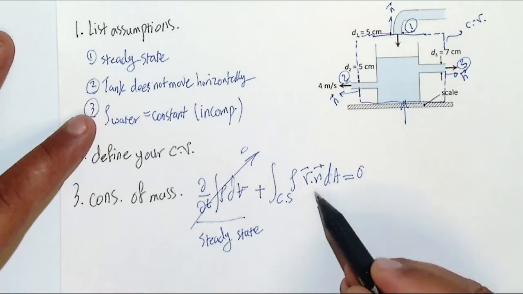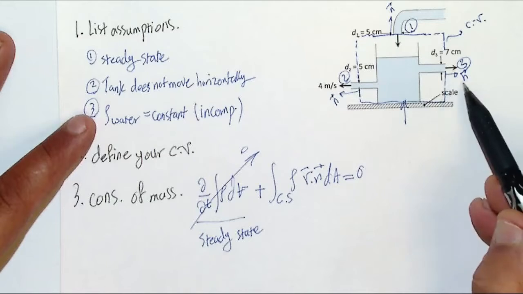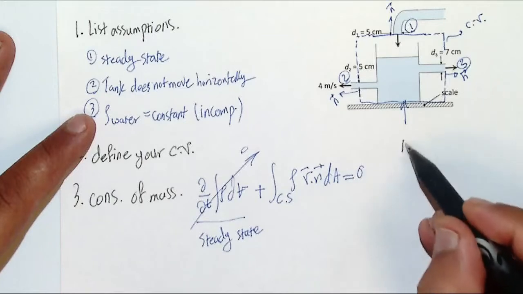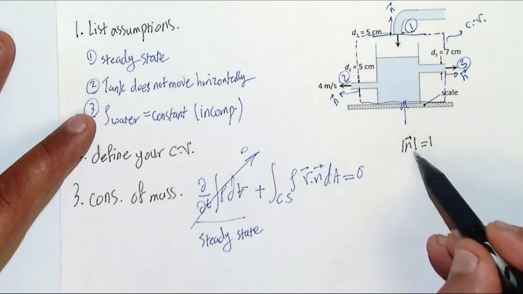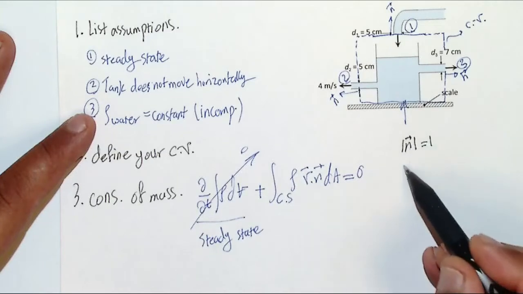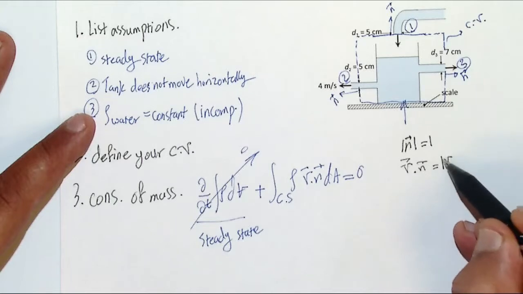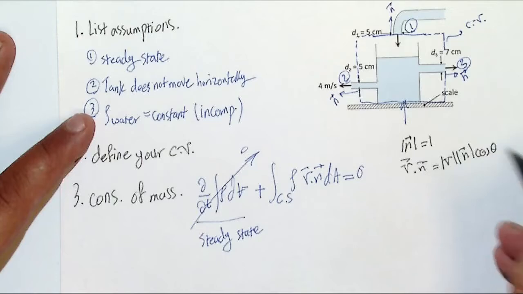But since you define your control volume always normal to the surface, V dot n is always going to be equal to the magnitude of V times the magnitude of n, which is 1, times the cosine of the angle between these two.